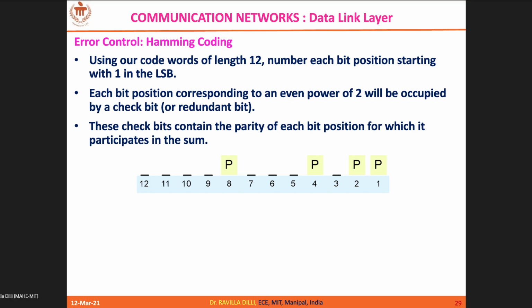Then R3 you substitute in position 8, which is 1. So what is the code word that you are going to transmit from the sender? It is 1 0 1 1 0 0 1 1 0 0 1 1. Okay, so this is how you generate the code word for the given data bits.